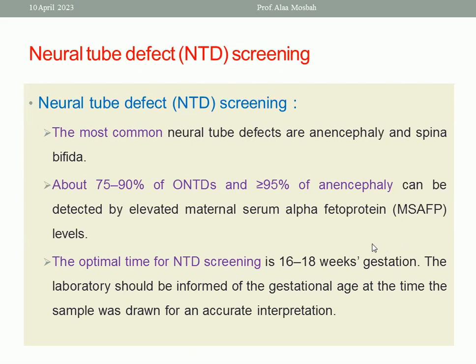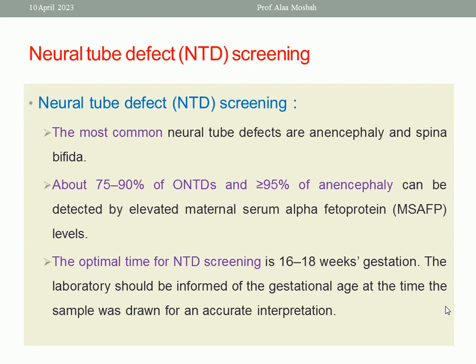Okay, so the most common neural tube defects are anencephaly and spina bifida. About 70 to 90% of open neural tube defects and 95% of anencephaly can be detected by elevated maternal serum alpha fetoprotein.